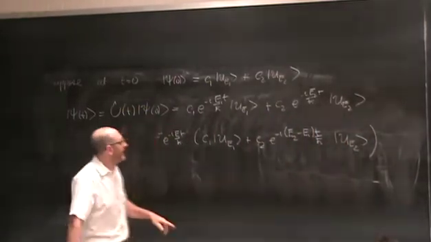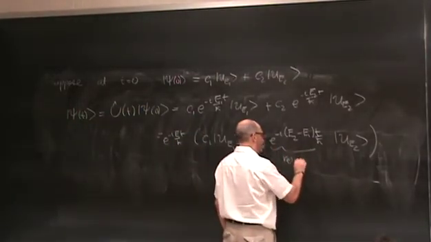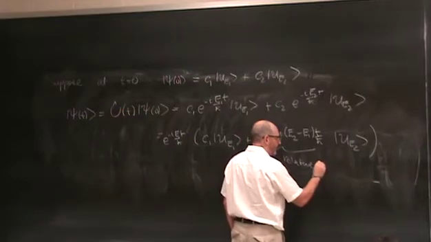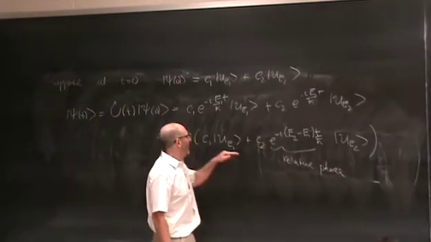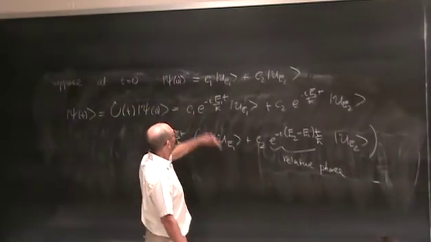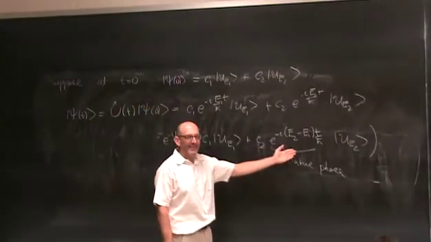And what we see here is that there is a relative phase. And that can make all the difference in the world. It can turn the state into a state that's, at a later time, completely orthogonal to the original state, if this became a minus sign.